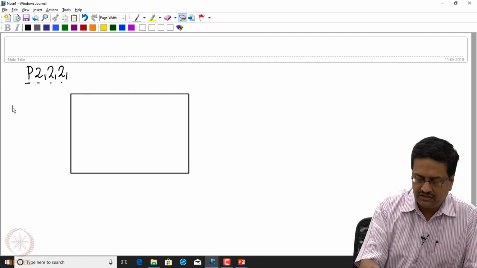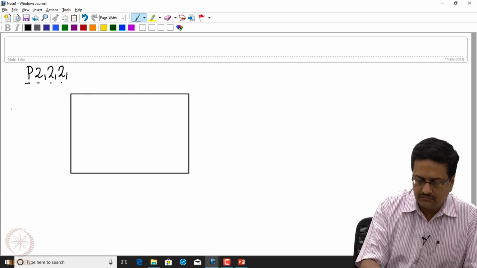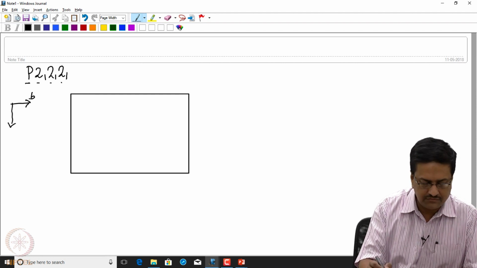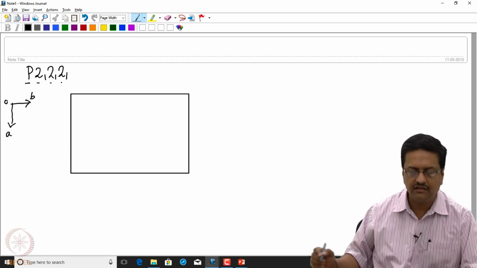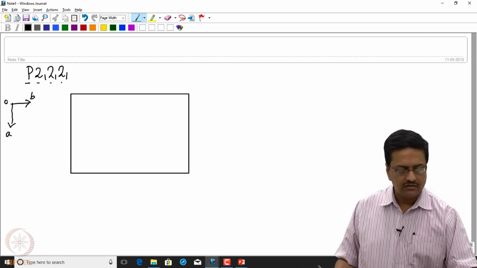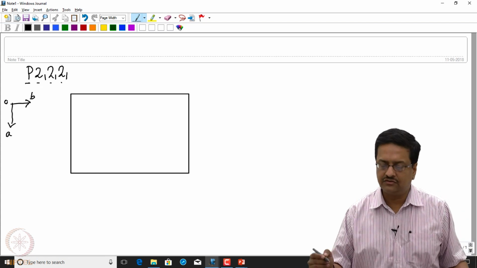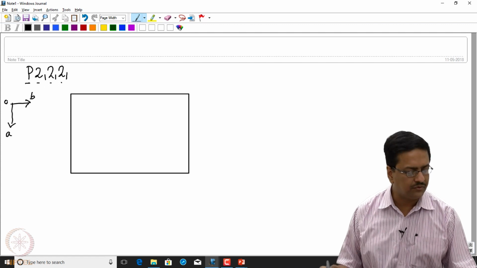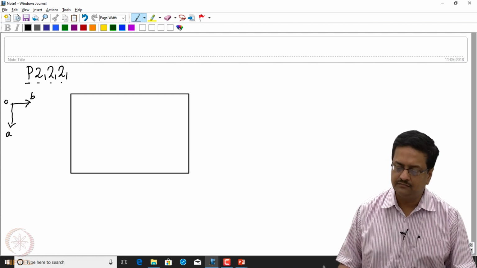I am keeping the direction of the unit cell here. B is from left to right and A is from top to bottom with origin at the corner. As I indicated, the 2-1 screws along A, B and C are all shifted 1/4 from the origin.